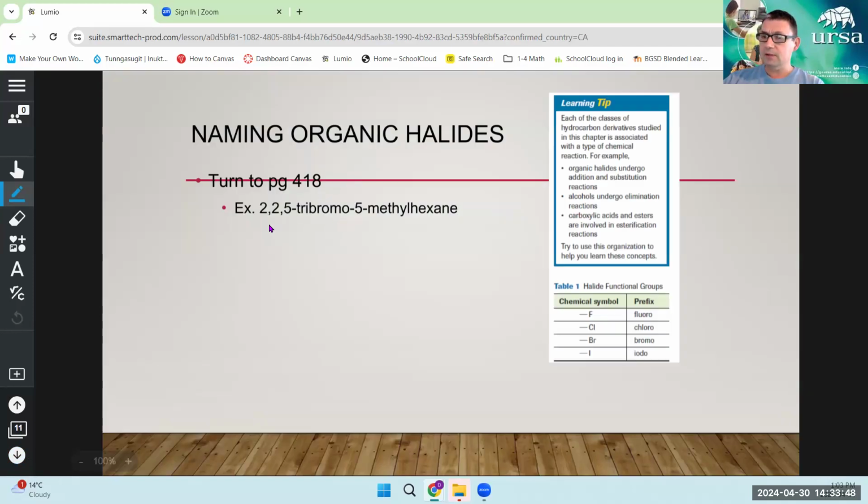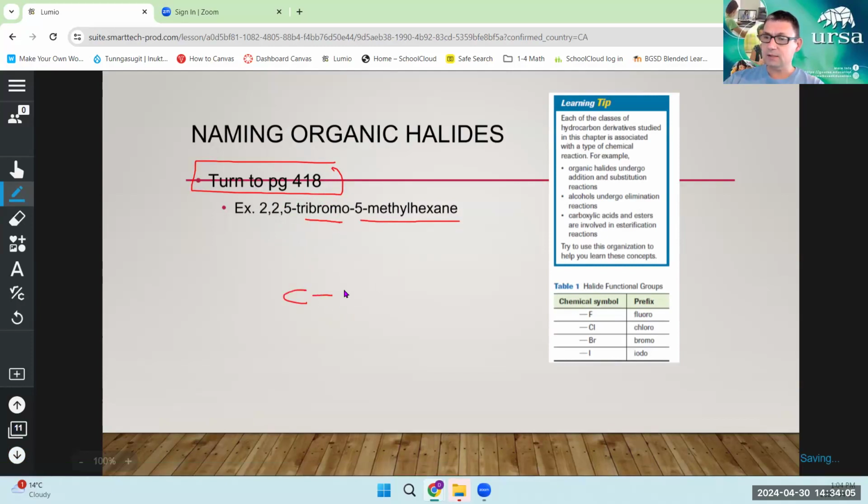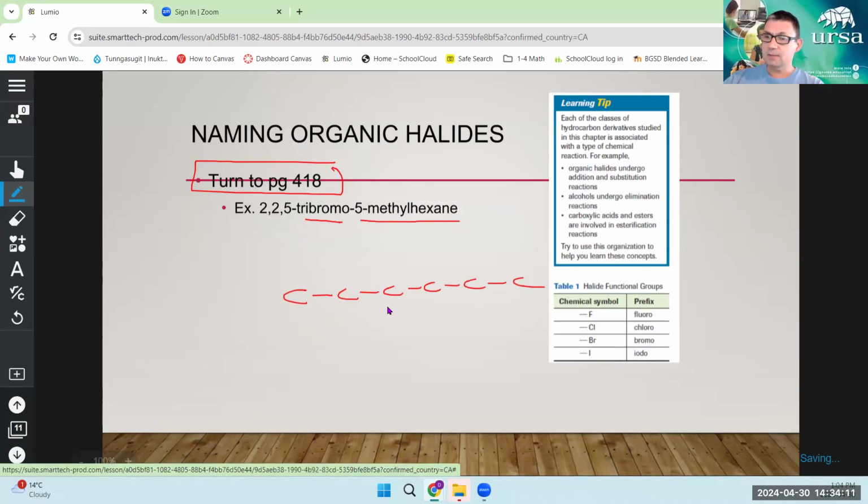So to name them, again, this is covered in your textbook on page 418. That's been posted. Now, let's take a look. 2,2,5-tribromo-5-methylhexane. We know first off that this molecule is based on a hexane molecule, 6 carbons. Let's draw those. We know that we have side chains.